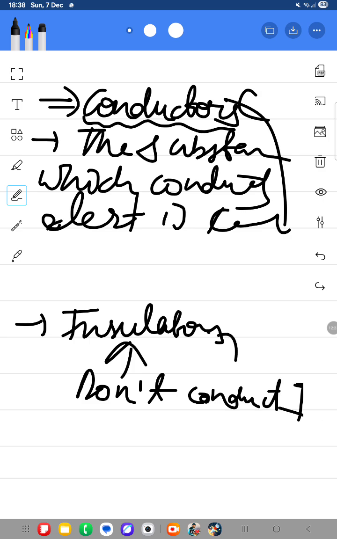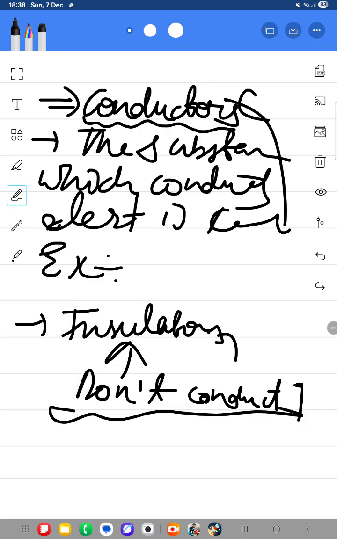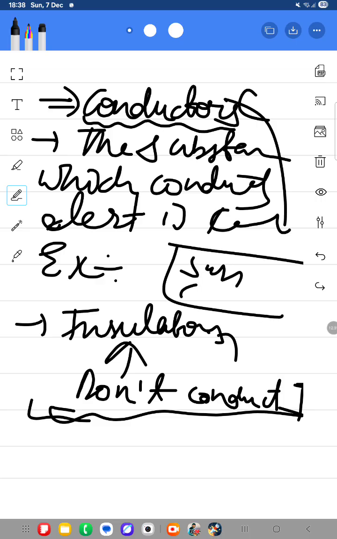But in the case of electricity, according to the NCERT, it's not proper to categorize materials into conductors and insulators, because every substance conducts electricity.